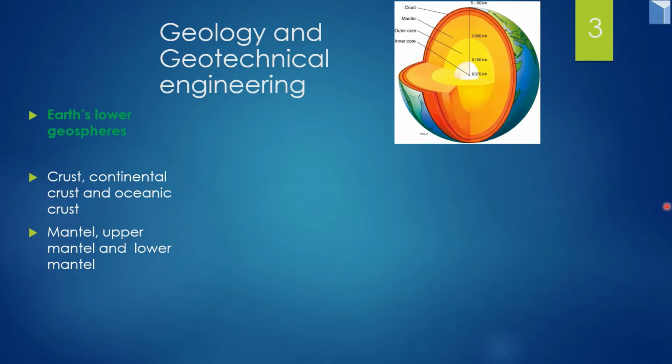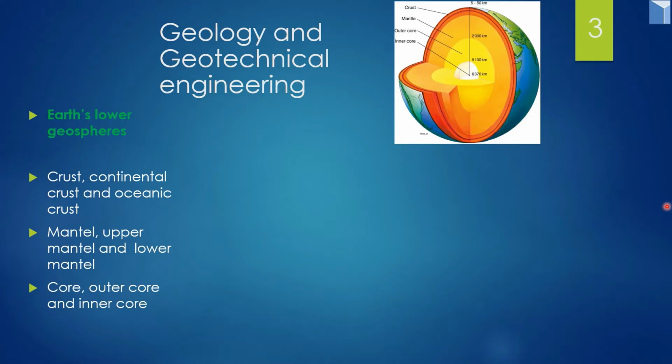The core of the Earth is also divided into two spheres. We have the outer core, composed of iron in liquid phase, and we have the inner core, which is in solid state and composed of iron and nickel alloy.